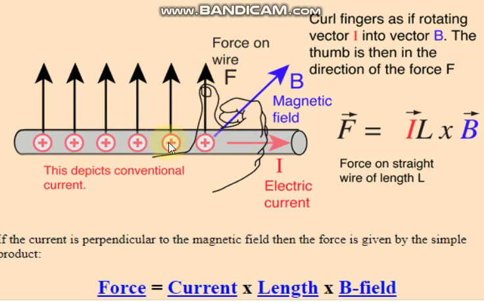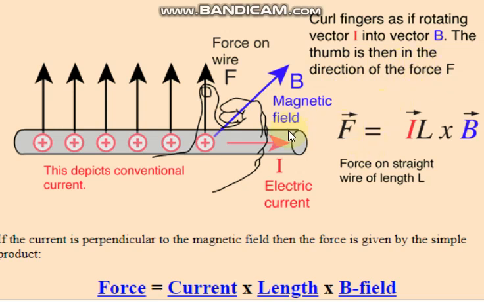So the force on this current carrying wire will be directed upward when you apply the right hand rule in this case. Curl the fingers as if rotating the vector L into the vector B. The thumb is then in the direction of the force F.